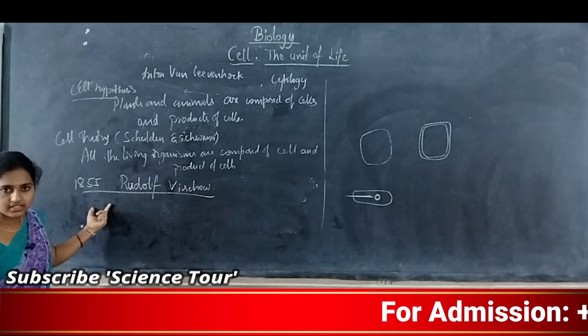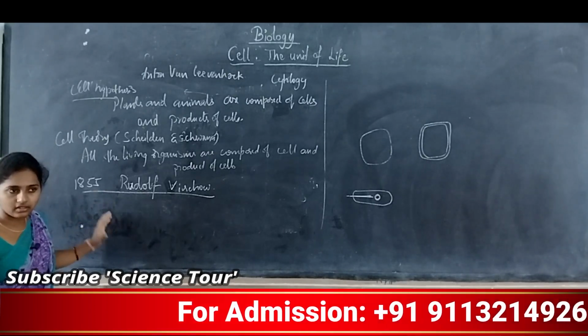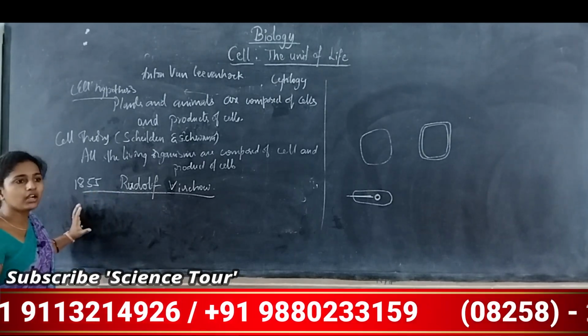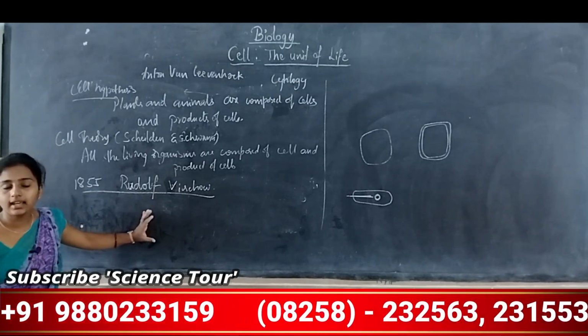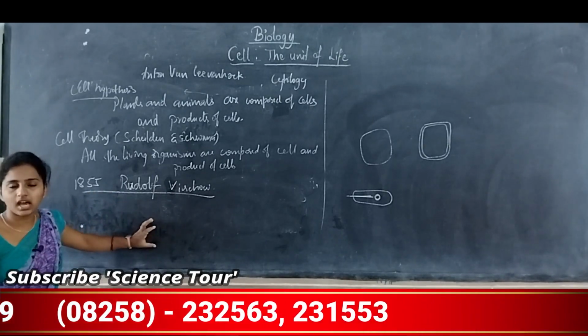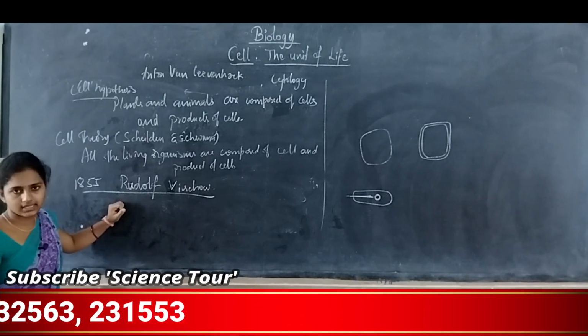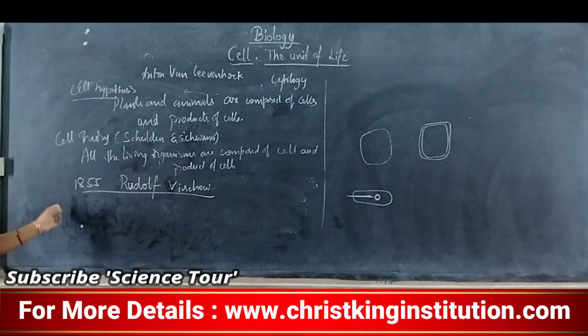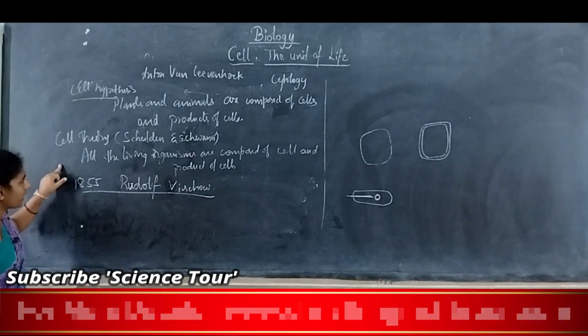Here the parent cell undergoes division and forms two cells. These new cells are formed from pre-existing cells. So he modified the cell theory by adding one more point.